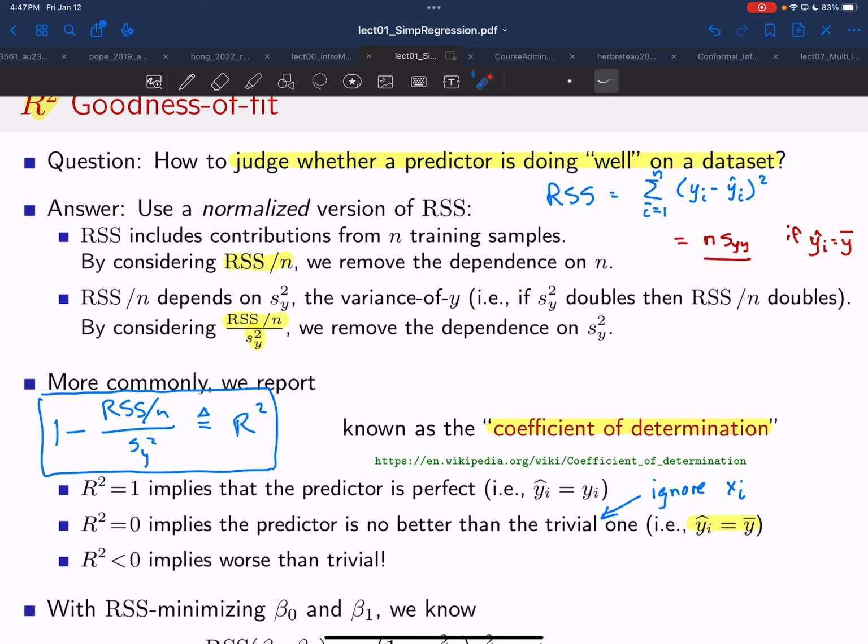It's sort of like saying if your beta 0 and beta 1 were designed on a different data set and then you apply them to this data set, yeah, you might get a negative r squared because those coefficients are probably just really bad for this data set. So they're worse than trivial. That can happen. Okay, so those are sort of the extreme cases that we have.